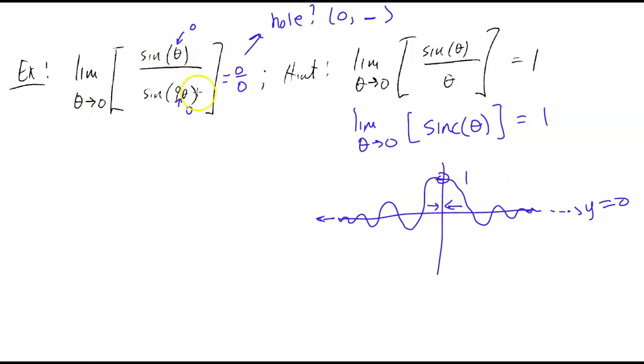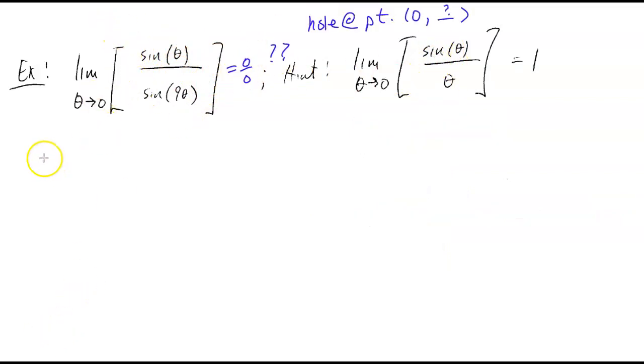So I'm going to erase this, and we're actually going to manipulate the way that this looks, since we know that because we got the 0 over 0 case, we're going to have to rewrite it in such a way to be able to see what's really going on. We're going to rewrite it using this fact here.